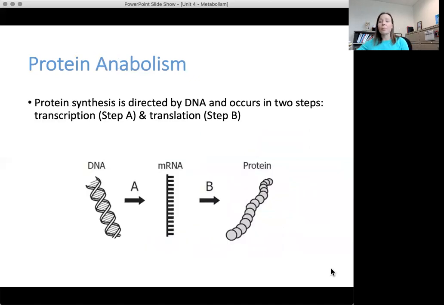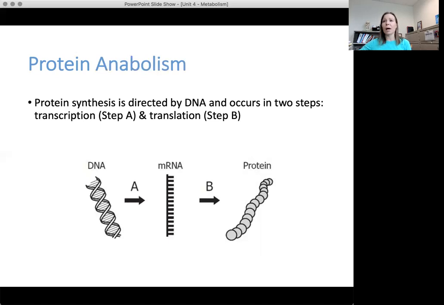Protein anabolism is a process that you learned in Bio 120 in A&P 1. So we're not going to really get into it, but this is a process that's performed at the ribosomes, which are organelles that are found in all of your body cells. And it is a process that's directed by DNA and RNA.